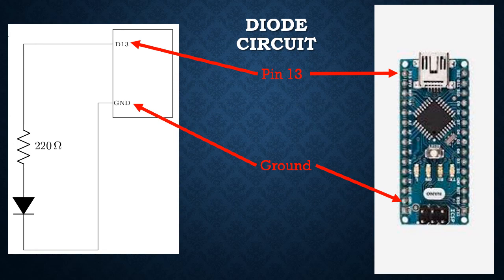So you want to select one of those, and you want to insert one end of that resistor into a hole that's in the same row as the wire that connects D13 down to a lower hole. Okay, and then once you've done that, you want to insert the other end of the 220 ohm resistor into yet another row. Okay, and then you want to pick a diode.